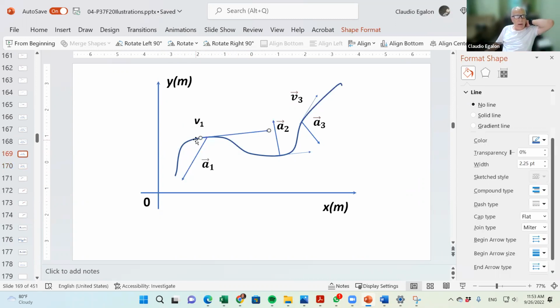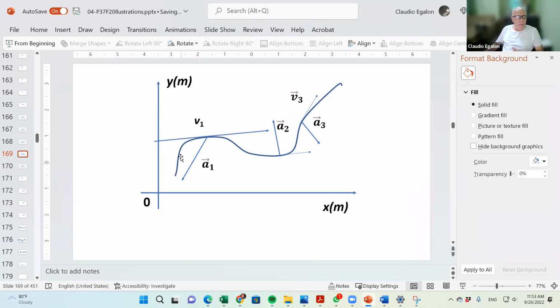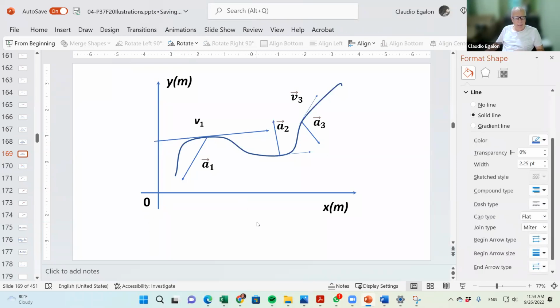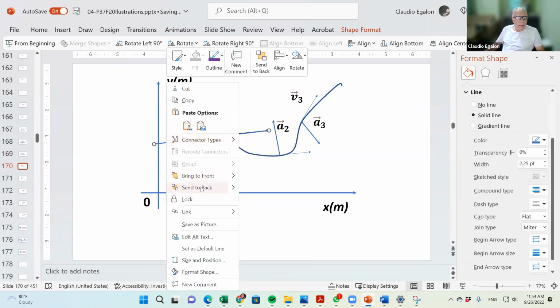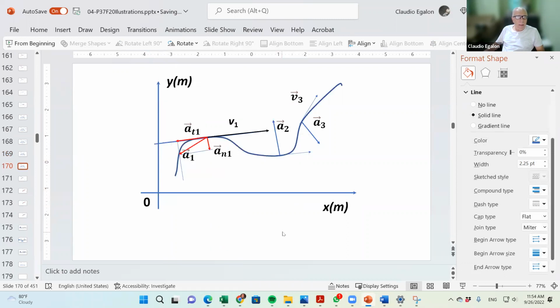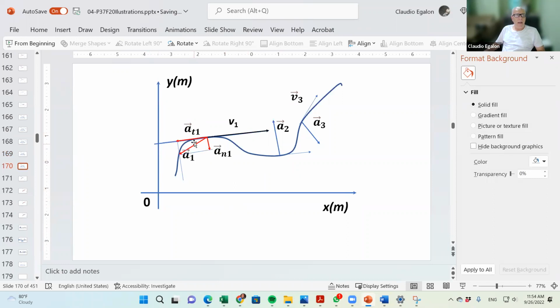If this direction here is tangent, you can see that your acceleration vector has a component that is also tangent. I'm going to put that in the next figure so you can picture it better. Good. We have an acceleration vector that's tangent to the path.